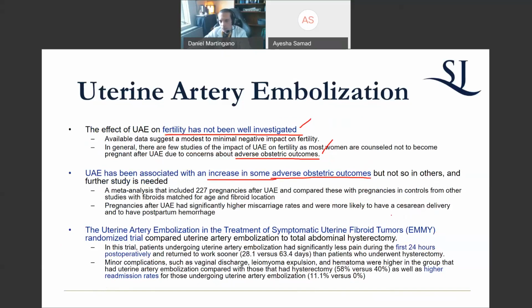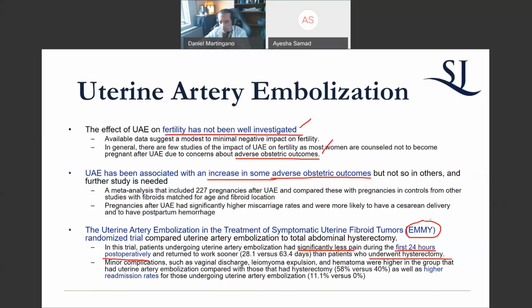And then this trial was the most recent, largest randomized trial that I could find, and it basically shows that in the first 24 hours post-operatively, they had significantly less pain than those who underwent hysterectomy. So when you're doing research studies, you have to understand what your treatment is being compared to say that it's better.